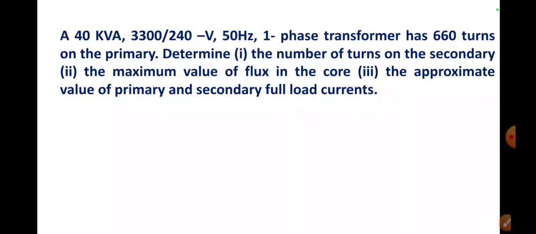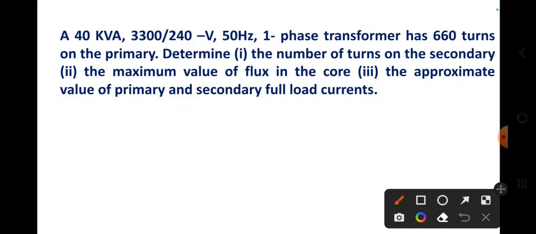Yeah, this is the first problem. What he has given, in the sense he has given the data like this. A 40 kVA, this is the transformer rating, 3300 by 240 volts. That means he has given the transformer rating as kVA rating.